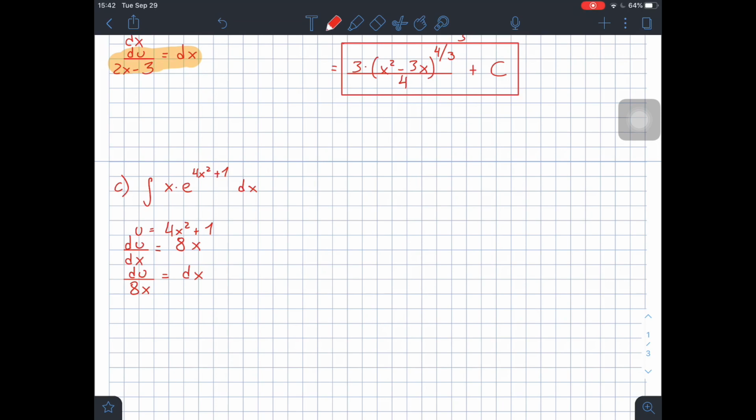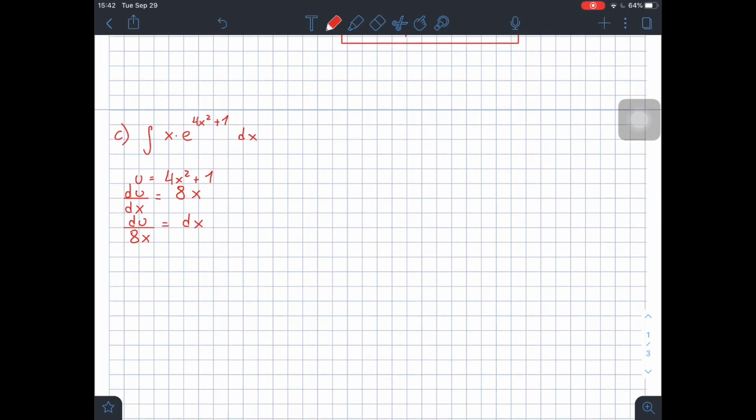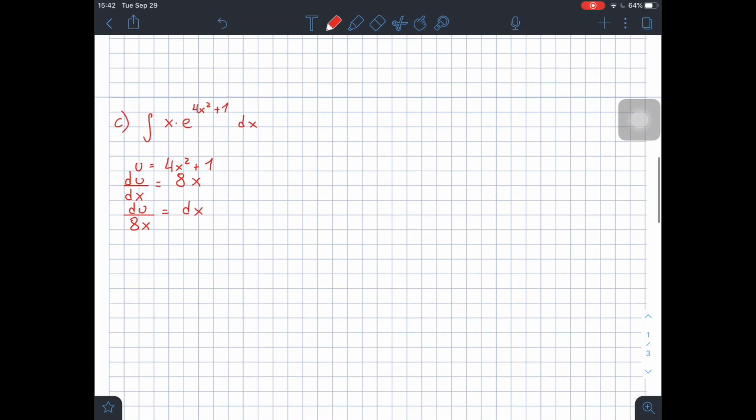Right? So then I'm going to plug in all of this information into my equation. So this would be equal to the integral of x, I'm going to leave it like that, times e to the power of u instead of 4x squared plus 1. And instead of dx, I'm going to write its equivalent expression times du over 8x. So once again, we see that we eliminate the x and we are able to find the integral.